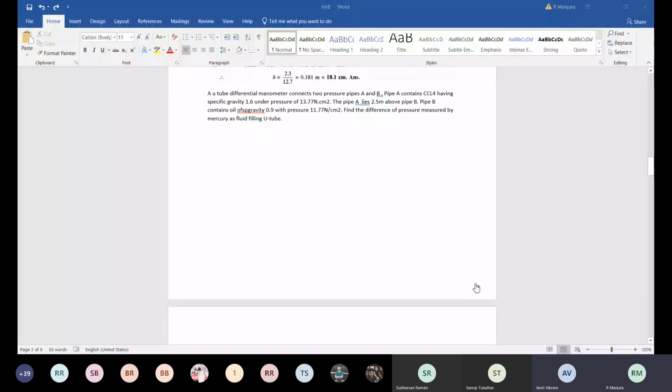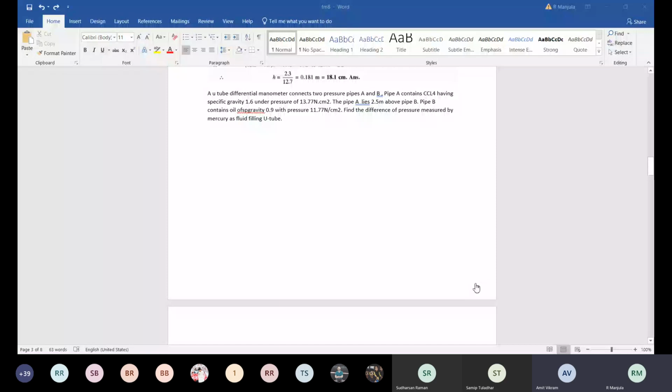One thing I have to ask. The mercury level in limb B is up to the center of the sphere B. Is it that? No, I'm asking that. Is the mercury level in limb B up to the center of the sphere B?